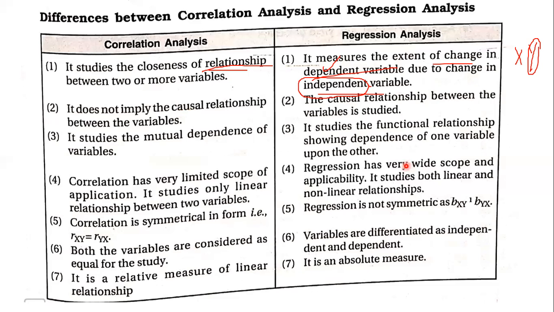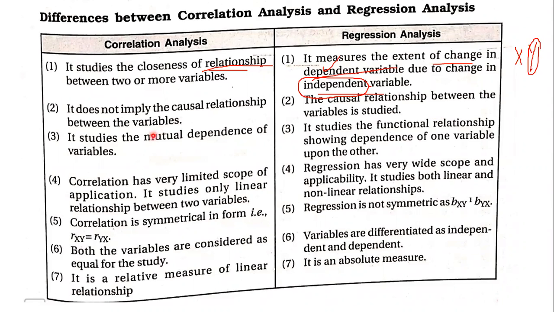Such causal relationships are not valued here. But when it comes to regression, you will be able to study the causal relationship also: because of too much sun or a bright day, how will it become a rainy day in the second half?